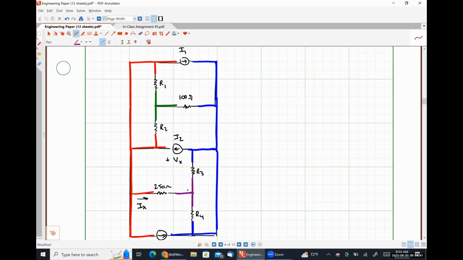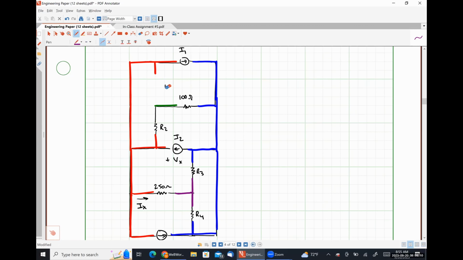The first thing that I can see just by looking at this is that the resistor R1 and the resistor R2 are in parallel with each other. I can see that because they both share the red node and they both share the green node. So I'm going to erase both of those resistors, take them out of the circuit, and replace them with a single equivalent resistance between the red node and the green node.